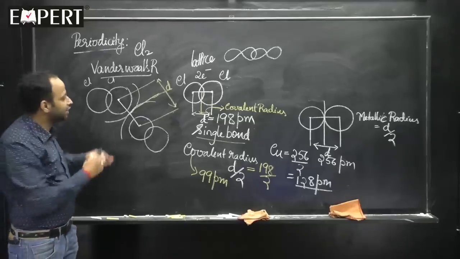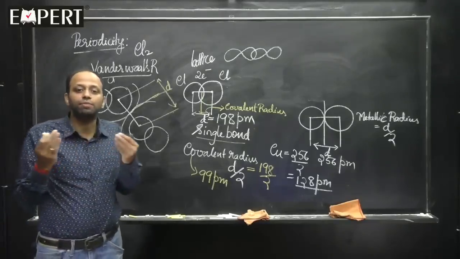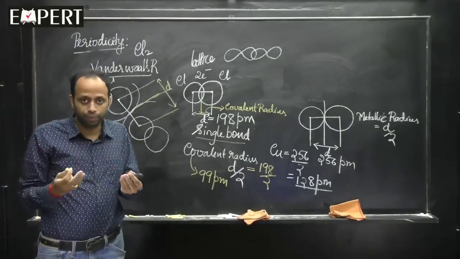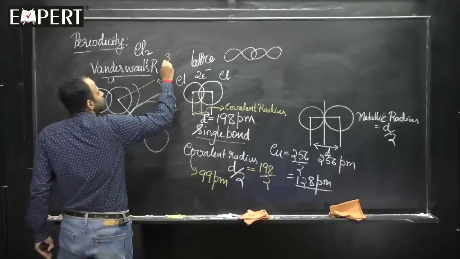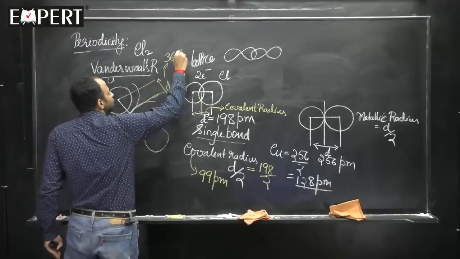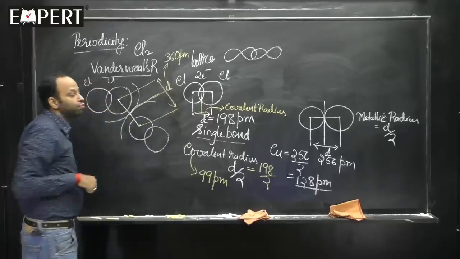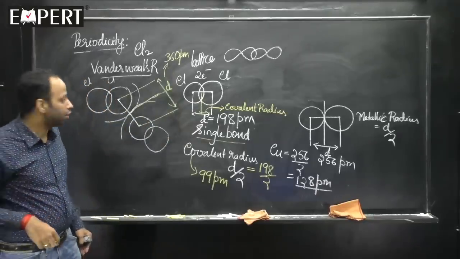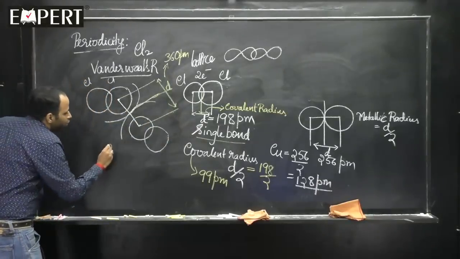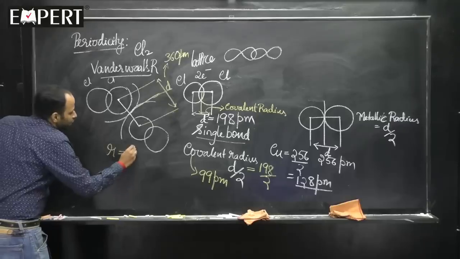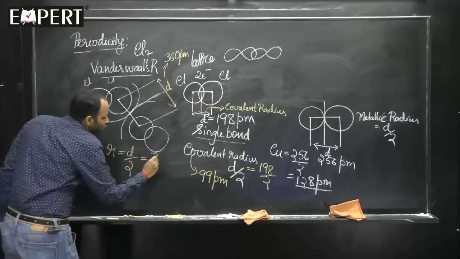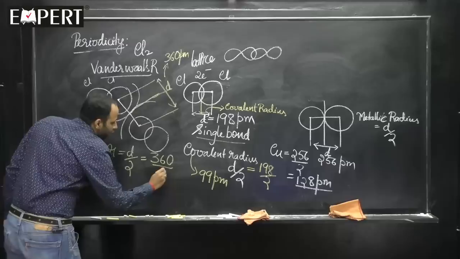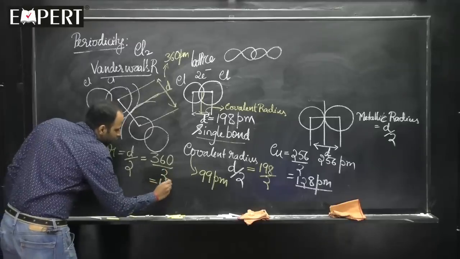No. In this case, the distance in between chlorine atoms is going to be more. Okay. So, what is this distance? See the distance, 360 picometer is the difference. Previously, it was 198 picometer. So, if I want to find van der Waals radius, this should become d by 2, which is equal to 360 picometer divided by 2, which is 180.